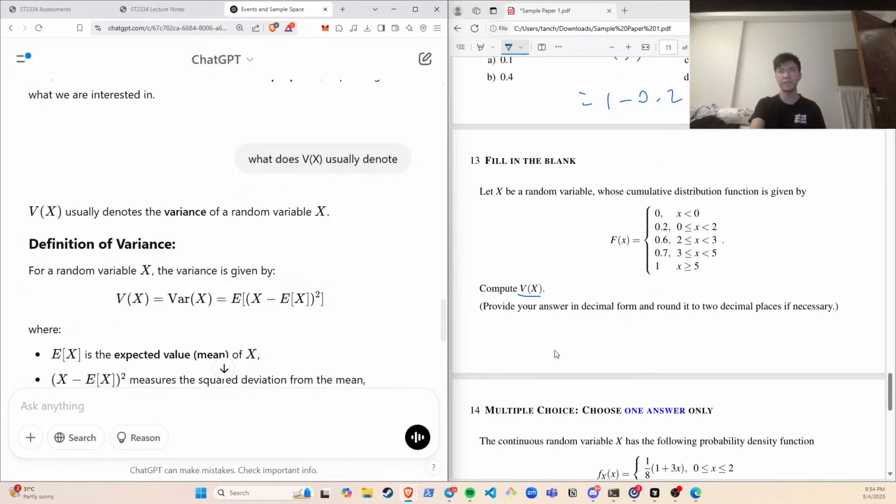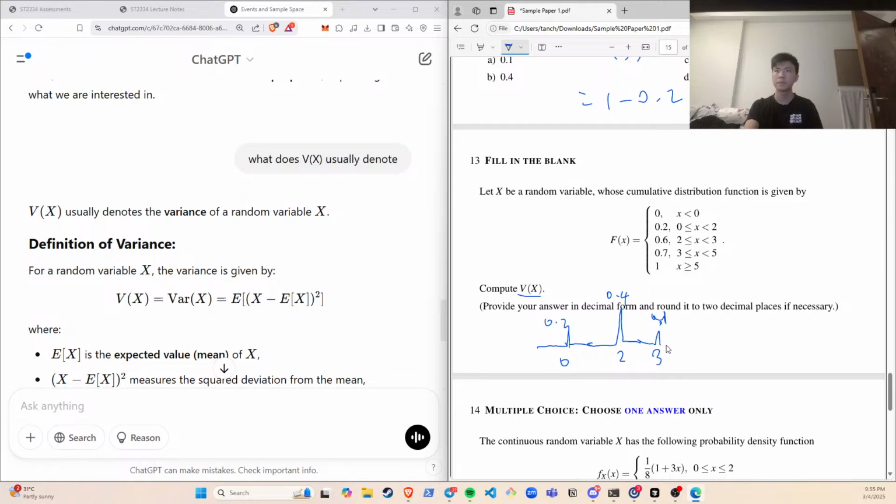Okay, so the PDF of this will be 0.2 here, right? At position 0, there's a 0.2. And then at position 2, there's a 0.4. And at position 3, 0.1.